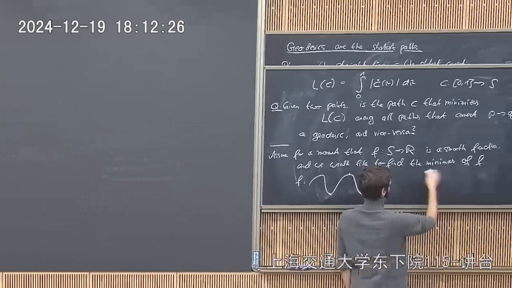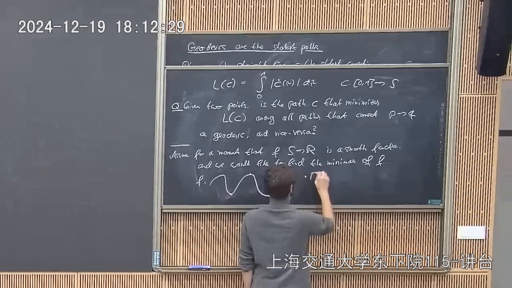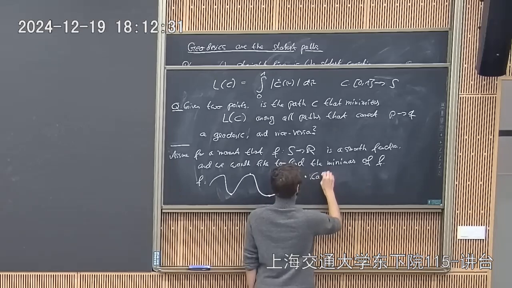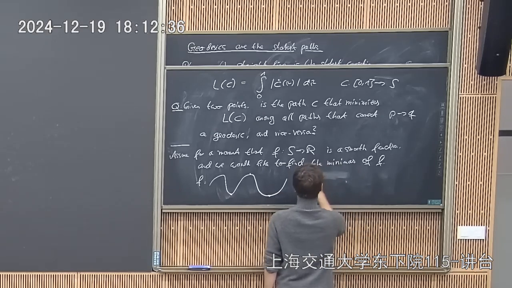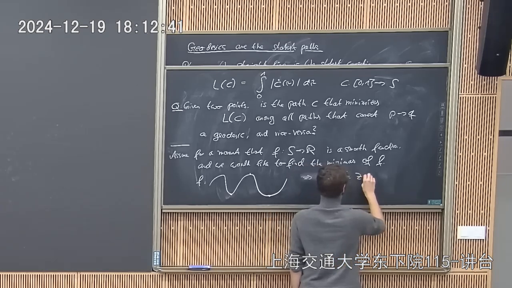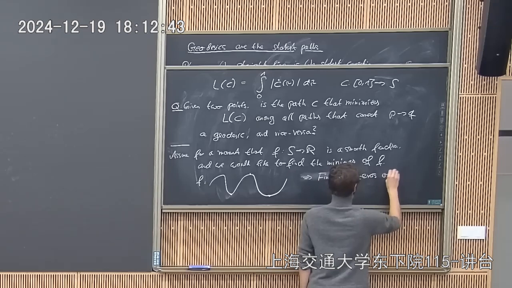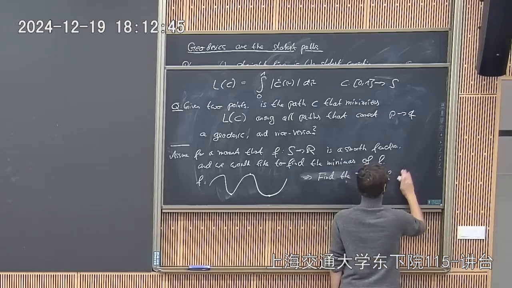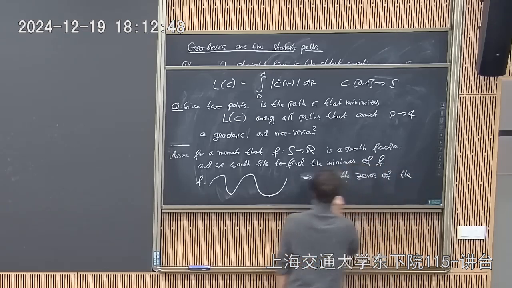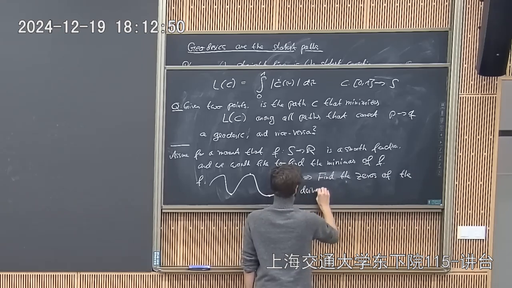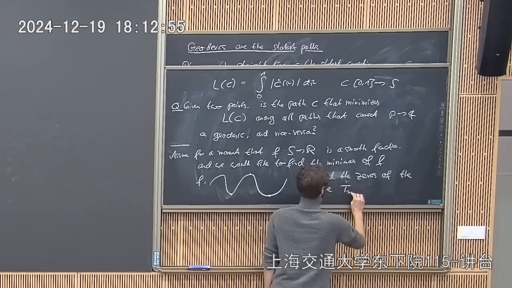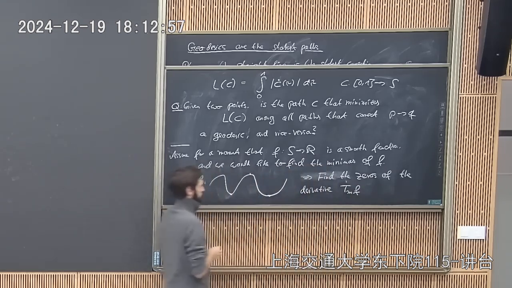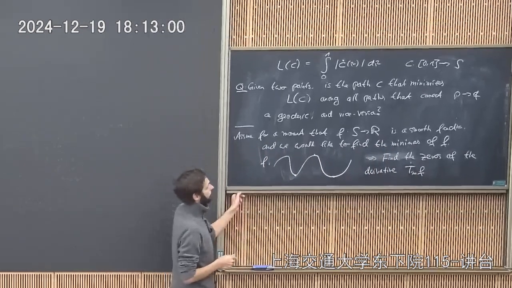So that's usually step number one: find the zeros of the derivative. And in our case, that would be the tangent map of f.